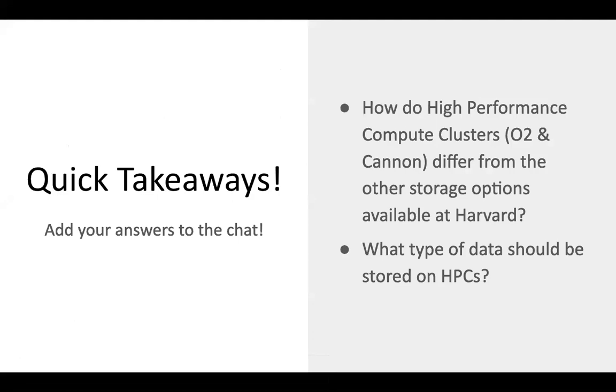So again, please add any answers to the chat. So if you were going to store data in O2 or Canon, why would you want to store data there versus in another location like Dropbox or your department folder?